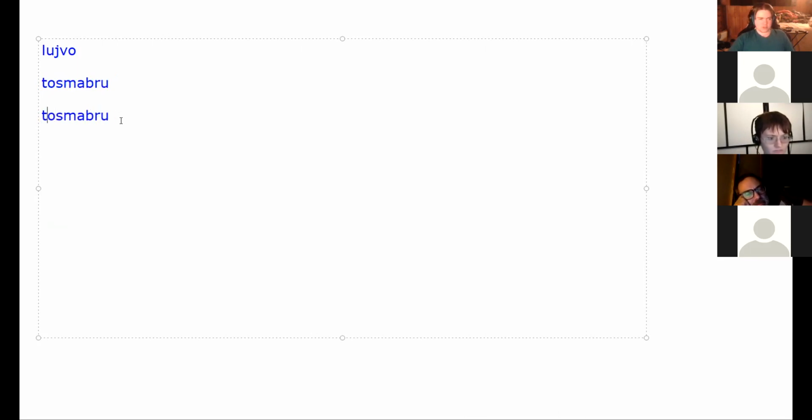So what do we do here? Well, we actually just add a Y, tosymabru. So this is a lujvo, right? This breaks up into tosmabru. So tosmabru is left parenthesis smabru, whereas tosymabru is the actual lujvo.